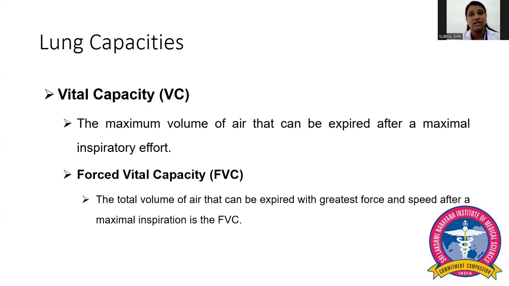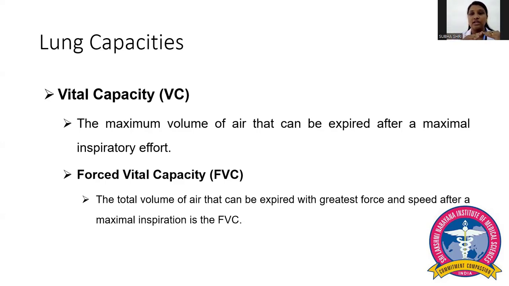Next, moving on to the lung capacities. Usually capacities are addition of two or three lung volumes. So we have four lung capacities. The first is vital capacity. Vital capacity is defined as, all of you take a deep inspiration to the maximum. After a deep inspiration, our lungs will accommodate the maximum amount of air.